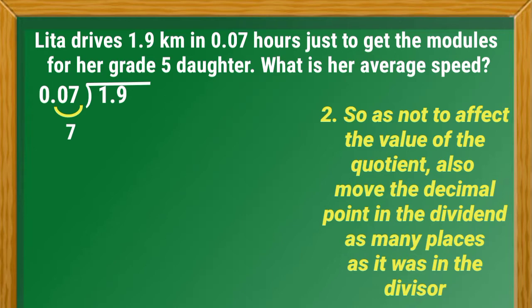Since we moved the decimal point 2 decimal places to the right in our divisor, we also move the decimal point 2 decimal places in our dividend. So 1.9 will become 190. Our new equation is 190 divided by 70.